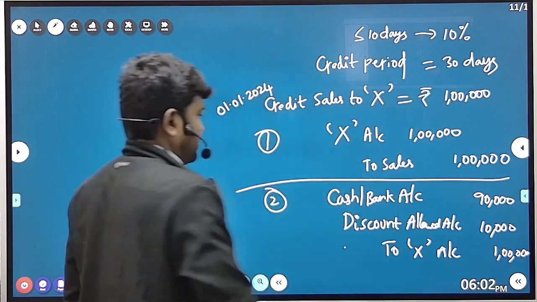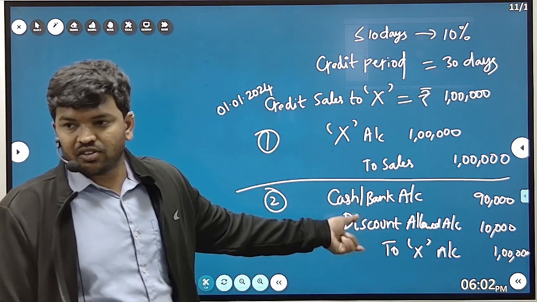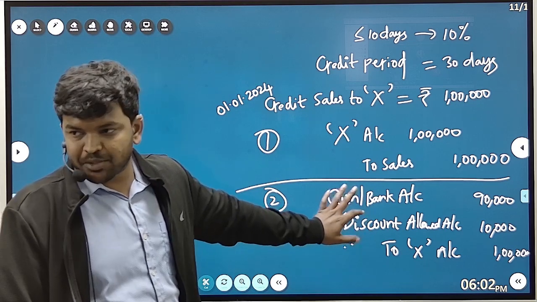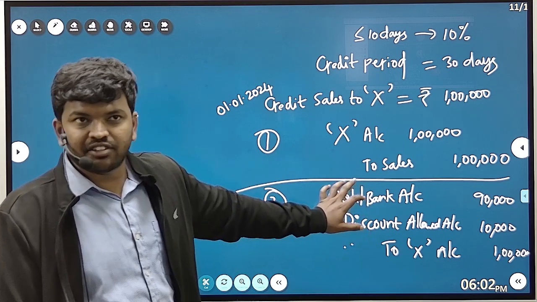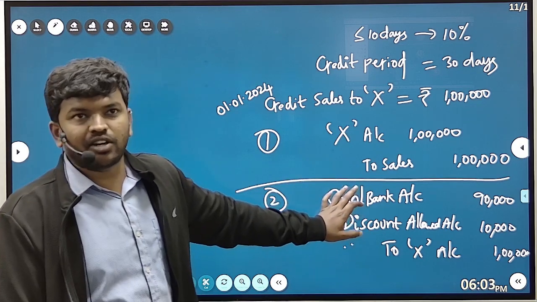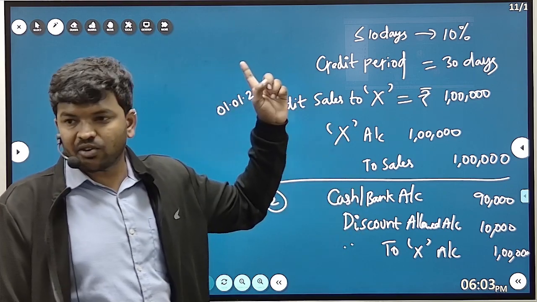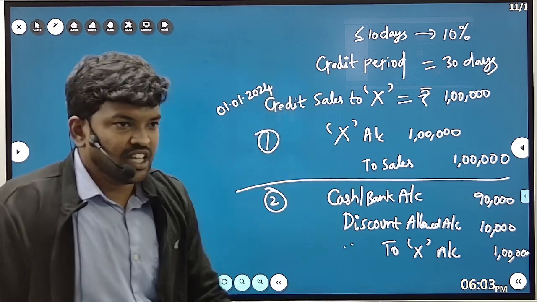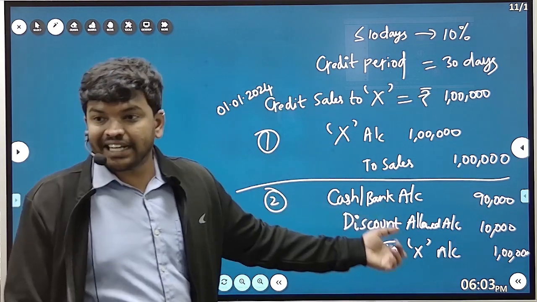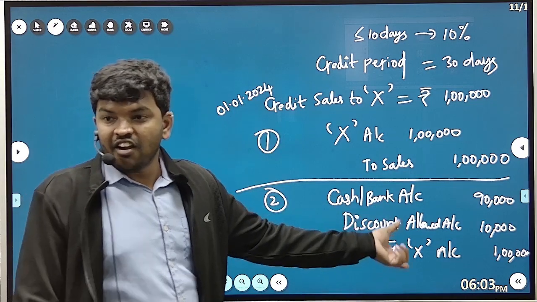Understood? This discount allowed is an expense. It goes to the P&L account. This is an expense as per the nominal account principle, debit all expenses and losses. So, similar to bad debts being a loss, discount allowed is an expense.